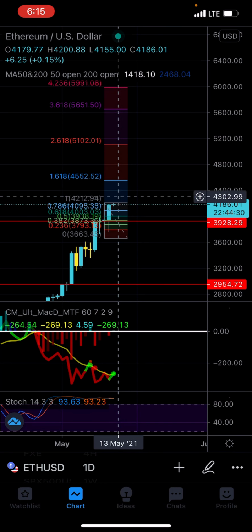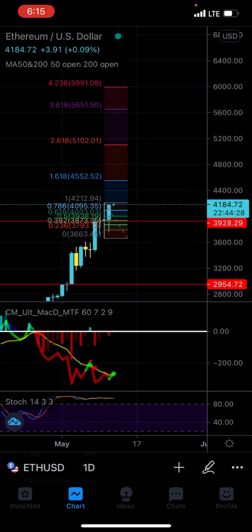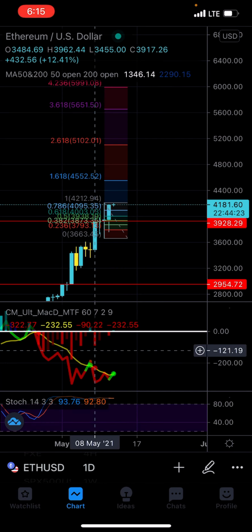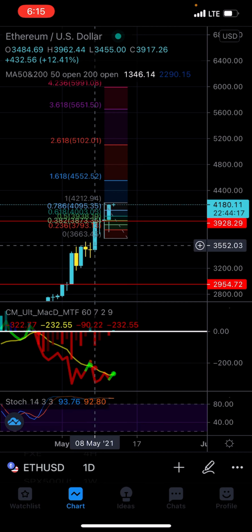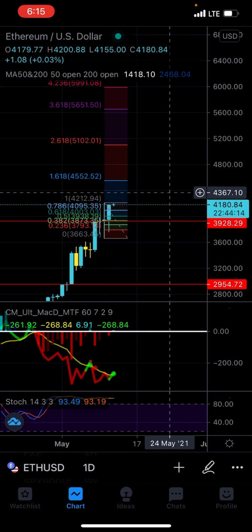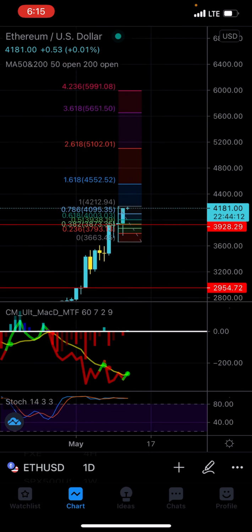It's basically perfect up to right here. I think the next stop for Ethereum, possibly within the next day, so maybe before this week ends, is Ethereum hitting that $4,500 level.